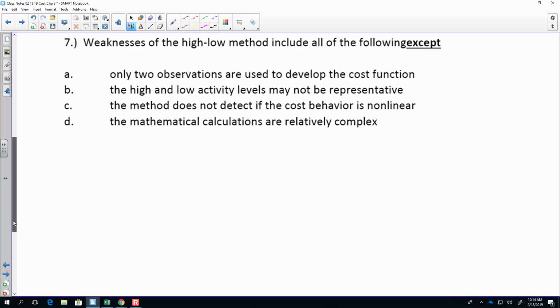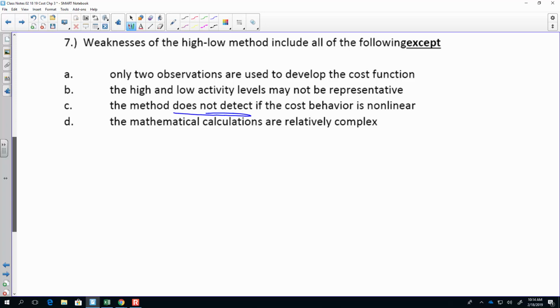So the high-low activity might be misrepresented, so that's why I'm eliminating B. Yep, I don't think it's B, because that could be all are true except. I think this is true. It won't detect if the behavior is nonlinear.